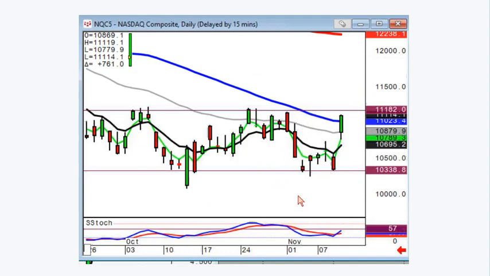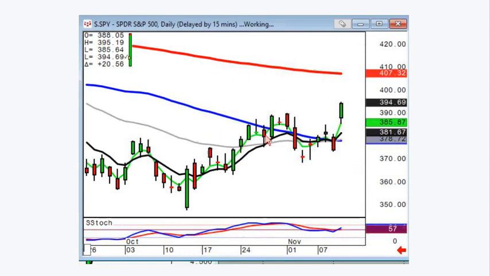Now, the warning is this was up 761 points today. It can probably be pretty much assumed they're not going to be coming out of the chute with more strength. There's probably going to be some profit taking on the open. Then you have to watch to see what happens after the profit taking is over.